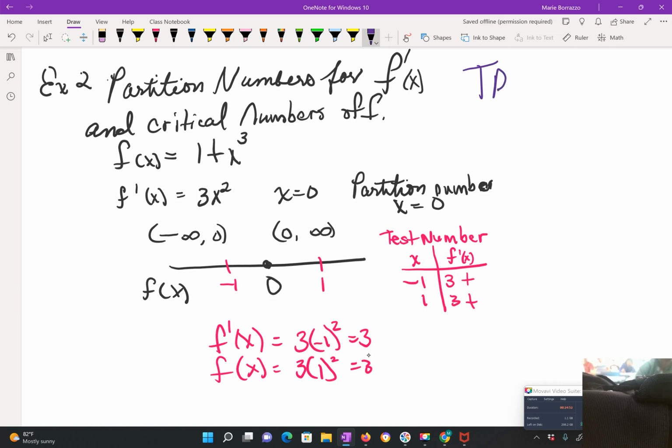I'm going to do this in purple. Call it try. And then this one, I hate that they give you such a basic number, but let's start. Sometimes the basic is not so basic. All right, so try that one. Find the critical numbers of f and the intervals on which f is increasing and those on which f is decreasing.